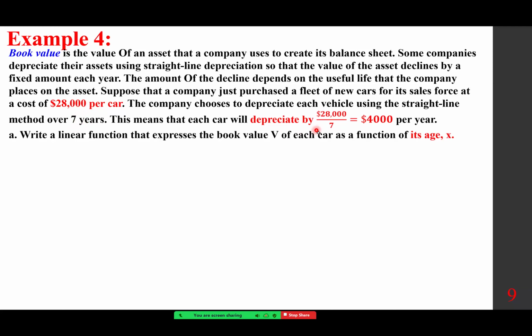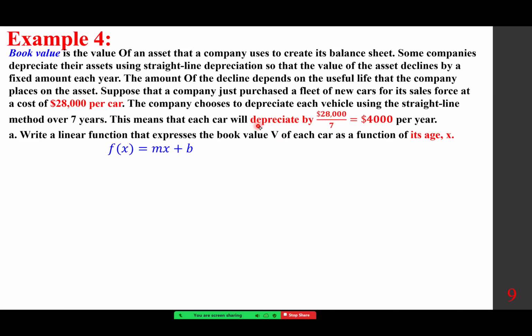That means the slope. So if we use f of x equals mx plus b, now we are going to say v of x equals mx plus b. What is m? 4,000, but it's depreciating, so it's negative 4,000. So one more time, this is the value of m. How do we know it's negative? Because if it increases, it's positive.